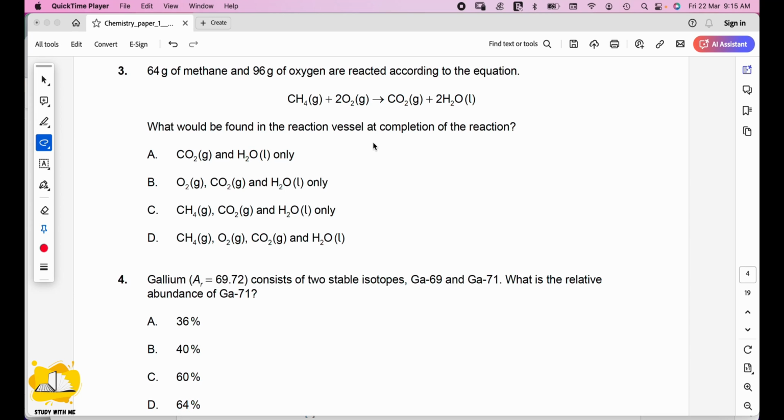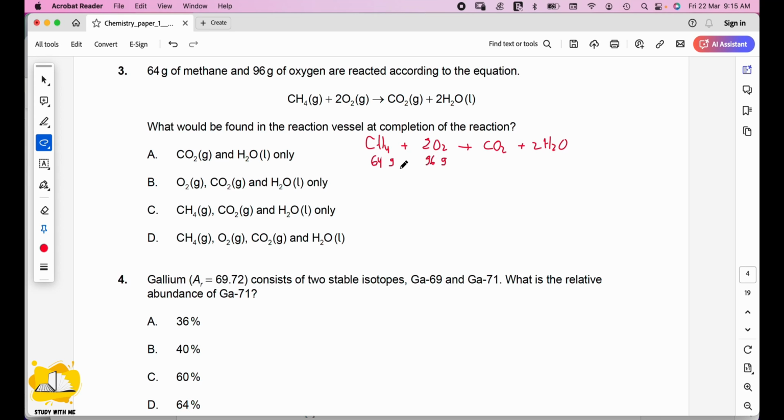I will write the chemical equation of this so you can see my calculation. The mass of methane is 64 gram and oxygen is 96 gram.